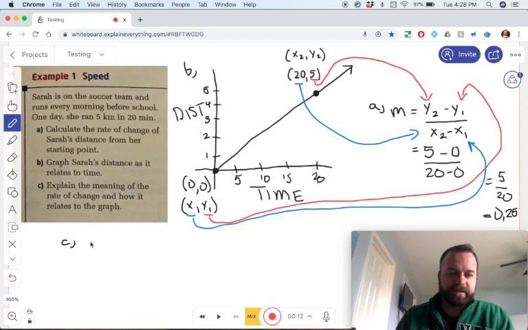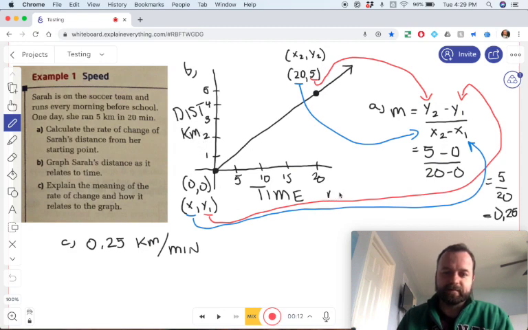Well, 0.25 has units attached to it. That's kilometers per minute. My y-axis was in kilometers. My x-axis was in minutes. So Sarah ran at a rate of 0.25 kilometers per minute.